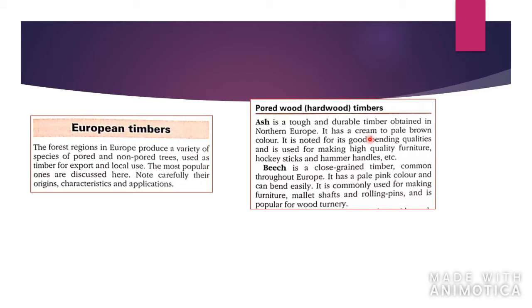Whenever you see an area that you're not sure of, I want you to type it into Google and then you will know where northern Europe is. It's good to know those types of things. It is noted for good bending qualities and is used for making high quality furniture.